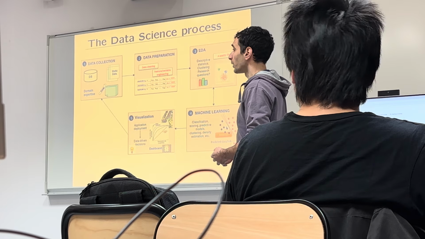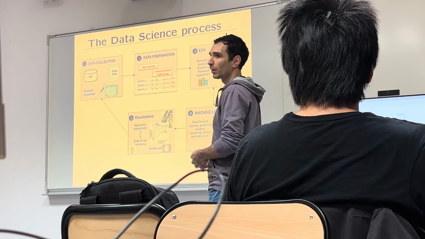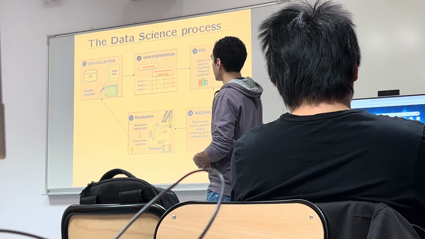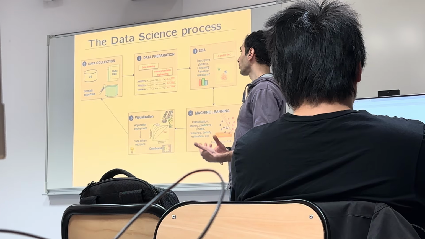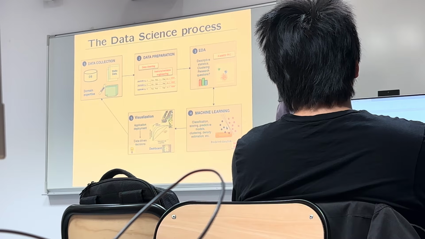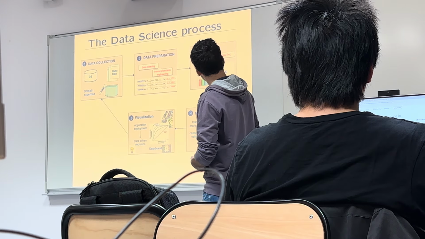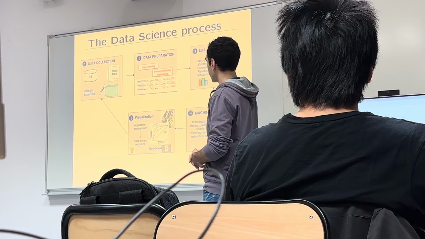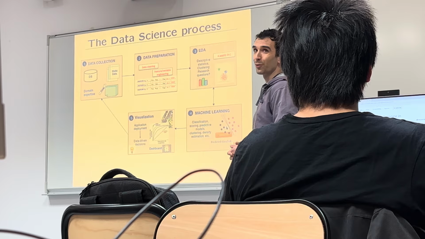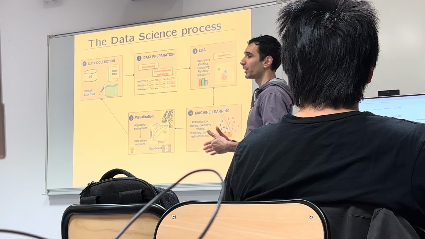For example, if you use images, images are high dimensionality data, so you should reduce dimensionality, like to remove some unnecessary information. So you can use clustering or things like that. And then in most of the studies, machine learning algorithms are used to predict something.